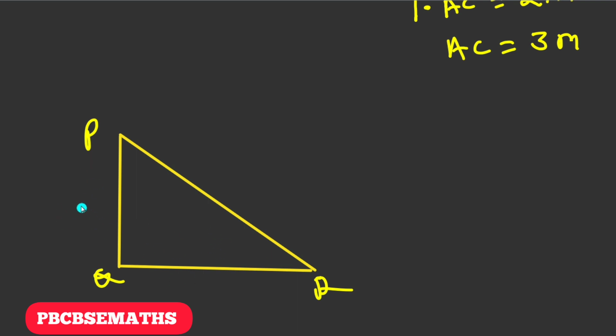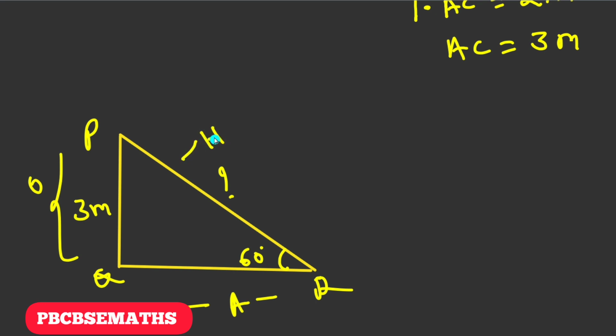It is given that the length of PQ is how much? 3 meter and it is inclined at an angle of 60 degree. Here we need to find the length of PR. Again, here the value of the opposite side is 3 meter and we need to find out the value of the hypotenuse. Again, we're going to use sine theta here.